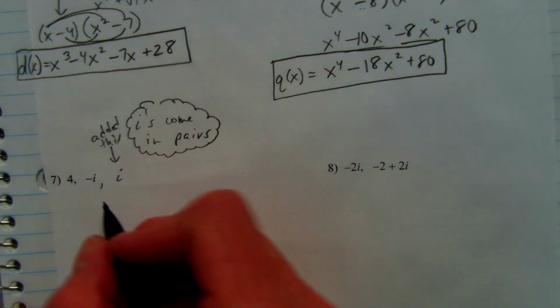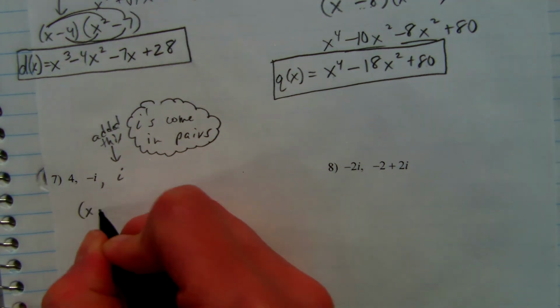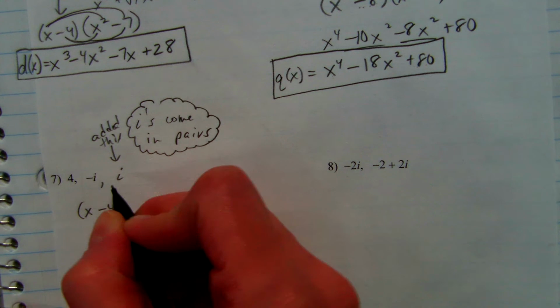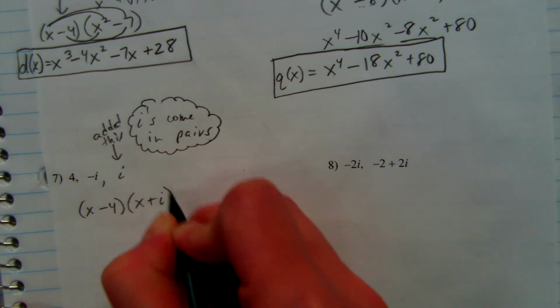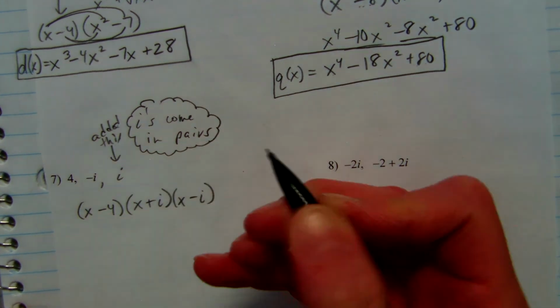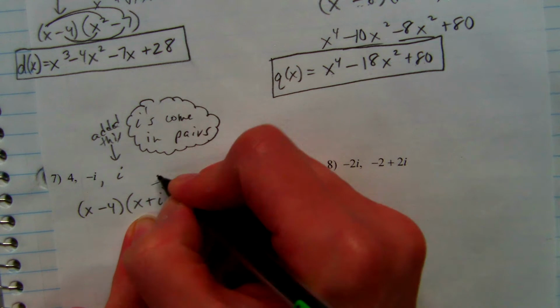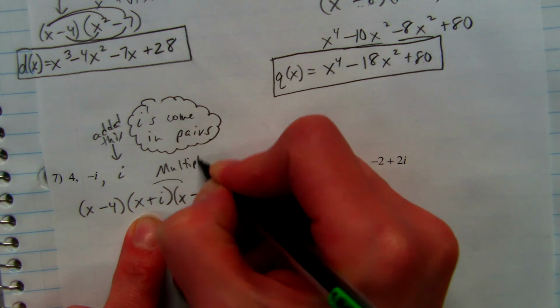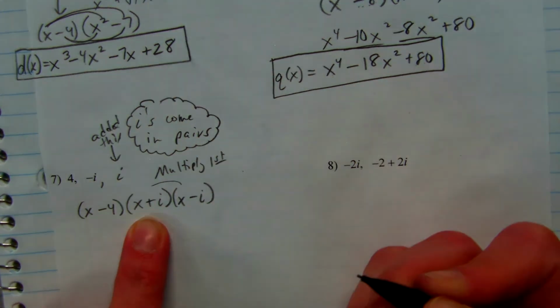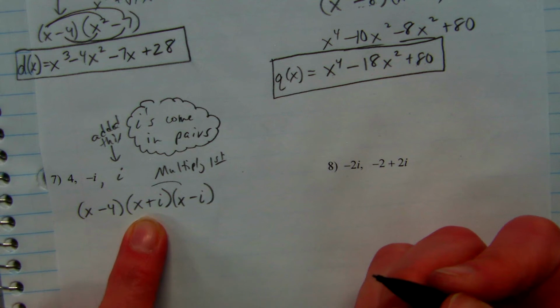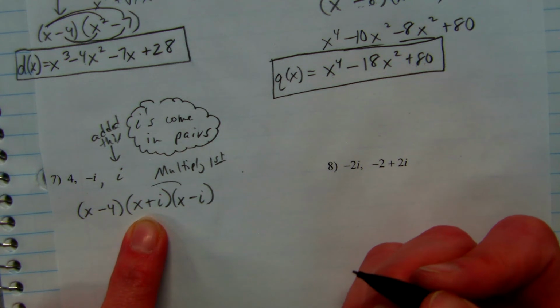All right, so the first part's easy. I'm going to have x minus 4, and then we do the same thing with the i's. I'm going to have x plus i, x minus i. We do want to multiply the part with i's first because we can get rid of all imaginary numbers, and that makes life a whole lot easier.